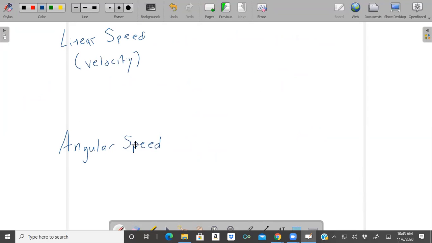Linear speed is talking about how fast something is moving. That's what velocity is, right? So this is how fast an object moves. And angular speed, obviously we're talking about an angle here. This is how fast an angle changes.